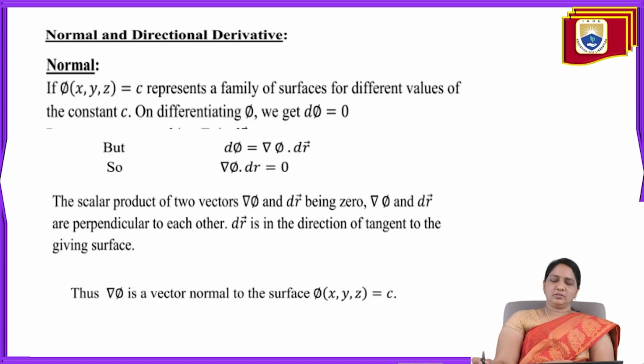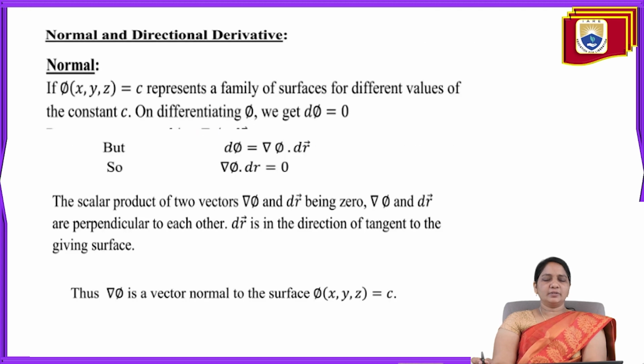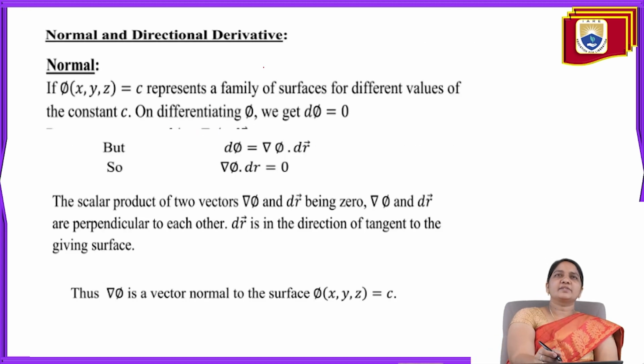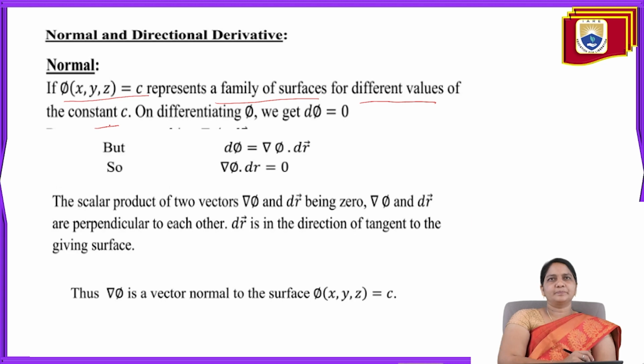Next definition: normal and directional derivative. What is normal? If phi of x comma y comma z equal to c represents a family of surfaces for different values of the constant c, on differentiating phi, we get d phi equal to 0. So here d phi equal to del phi dot dr bar. So del phi dot dr is equal to 0.